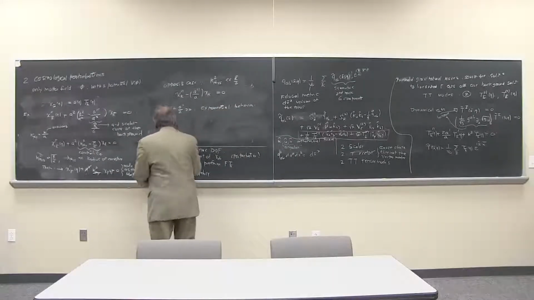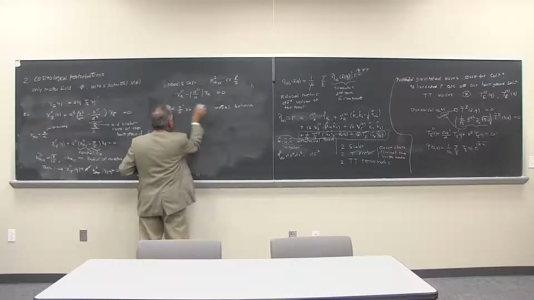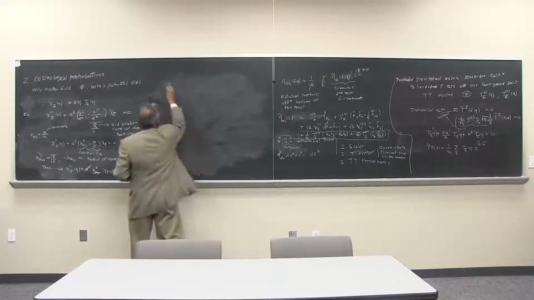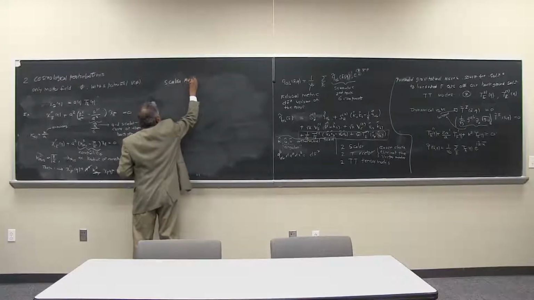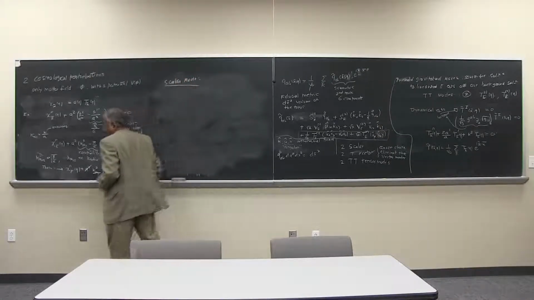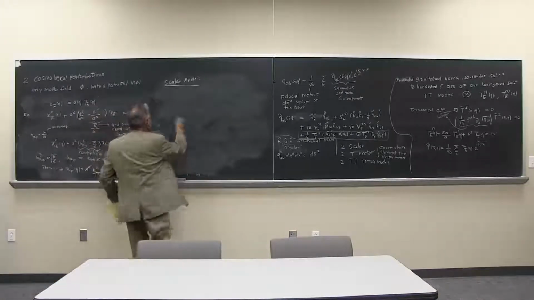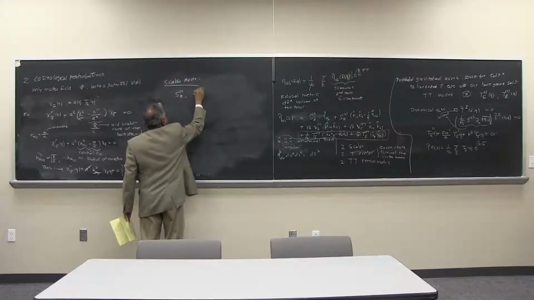The last thing that I just wanted to tell you was about the scalar modes. So what we do is, we got these three things. We got S1 of k, S2 of k.